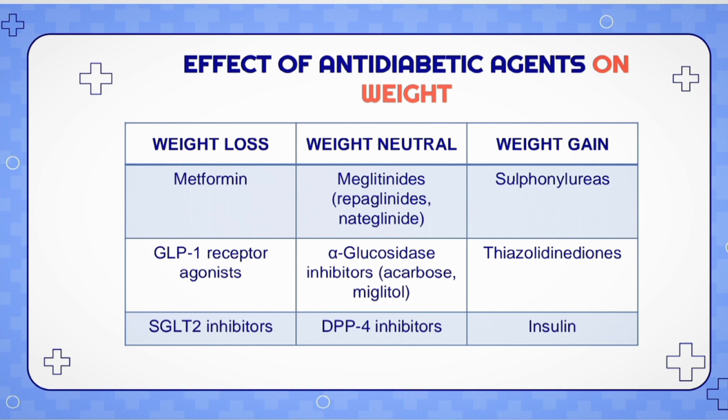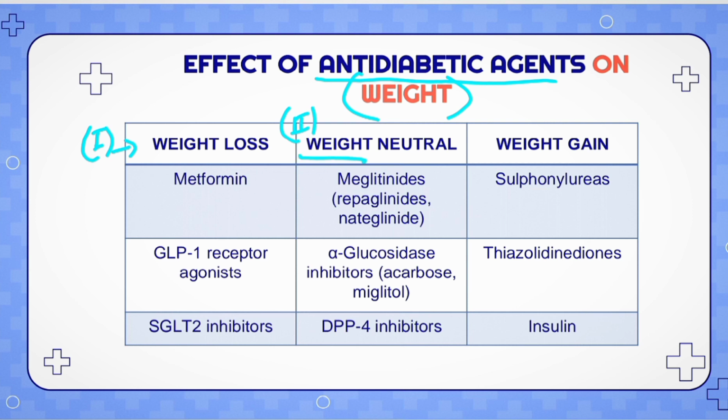Now let's discuss the effects of anti-diabetic agents on the weight of the person. The anti-diabetic agents can be classified into three categories. A few drugs can cause loss of weight in the person. A few drugs have a neutral effect on the weight of the person.